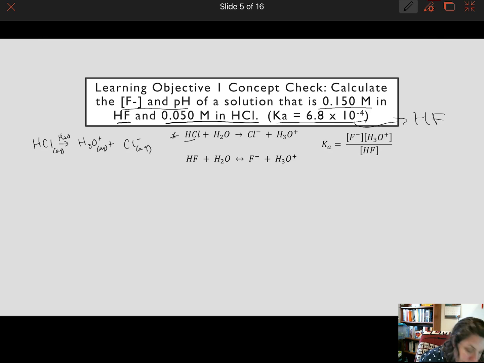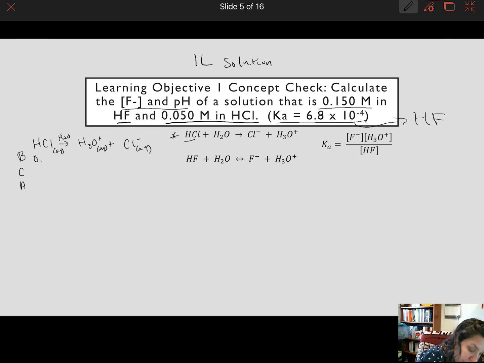Okay, so for every mole of HCl we have, we're going to have the same amount of H3O plus produced. So let's just assume, for simplicity's sake, that we're in a 1 liter solution. So in that 1 liter solution, we're doing a BCA table for this.